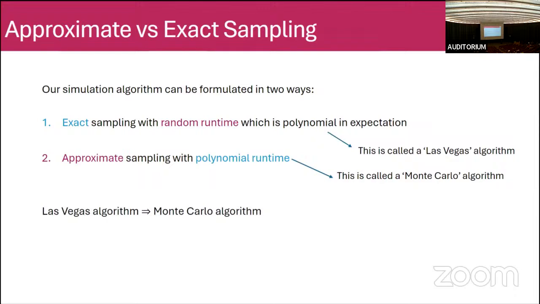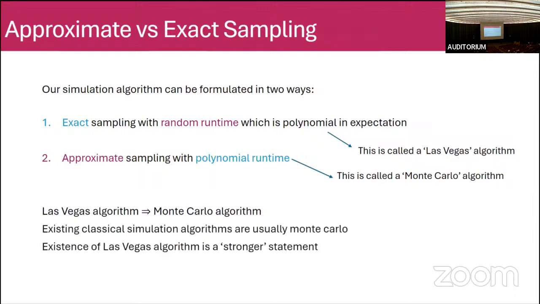But the Las Vegas algorithm implies the Monte Carlo algorithm. So the Las Vegas algorithm is a stronger statement. So we're able to show this exact sampler, and we also are able to show hardness of exact sampling below that threshold. So for exact sampling, we have an asymptotically tight result. The open question is, is it tight for approximate sampling?